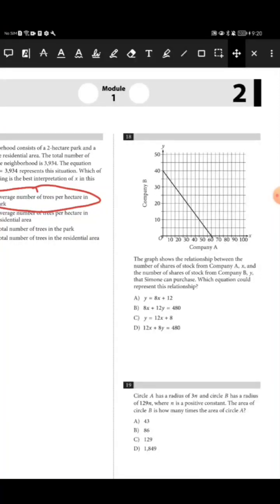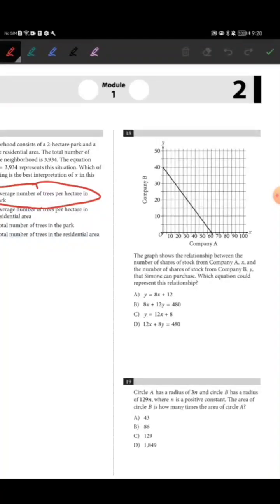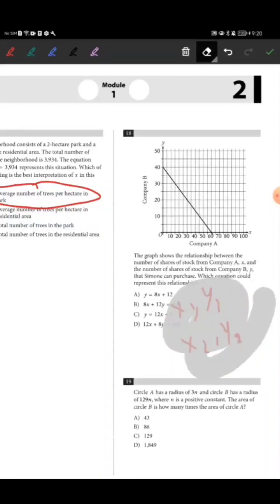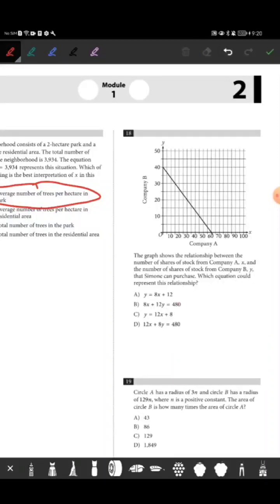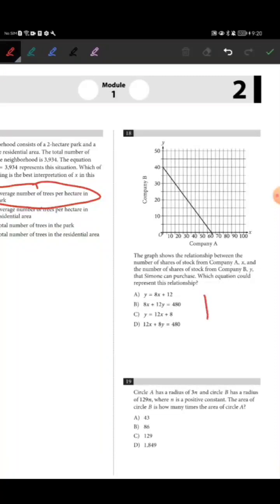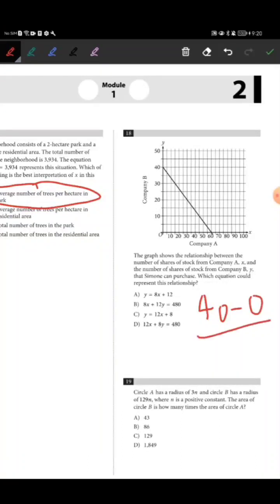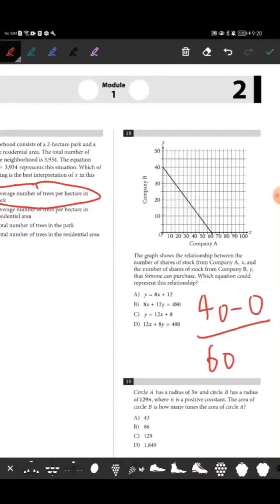As we said, we need to get x1, y1, and x2, y2, and then find the slope, which is y2 minus y1 over x2 minus x1. So let's take 40 as y2 and 0 as y1, over 60 as x2 minus 0 as x1.